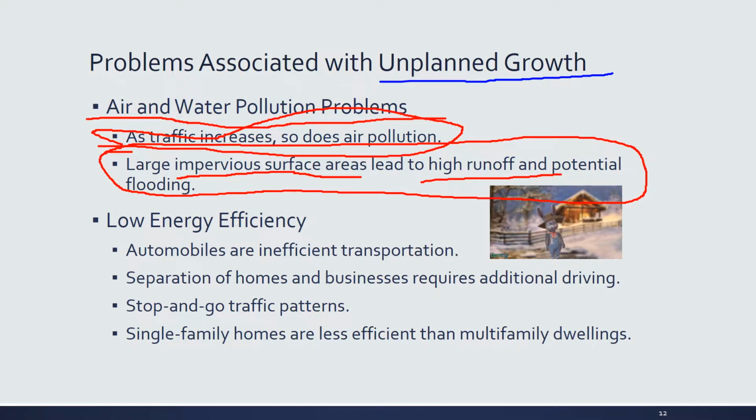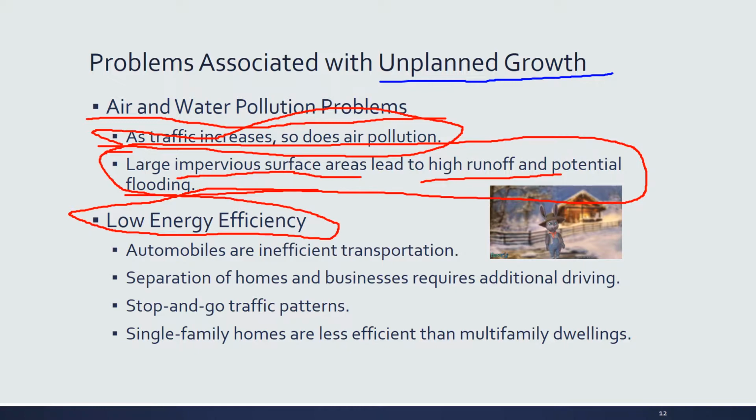We need trees and exposed land, soil, for us to absorb rainfall and to also absorb pollution. Our own trees and soils break down pollution, particularly water pollution, and trees in some cases air pollution. So as we grow, our soils get turned into things that water cannot absorb into. And this creates incredible runoff. And we learned this very well with Hurricane Harvey and with previous storms like Allison and others.